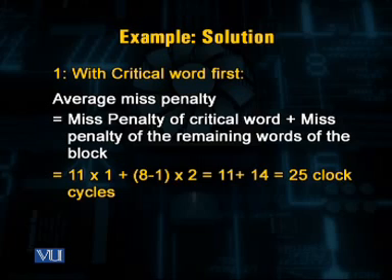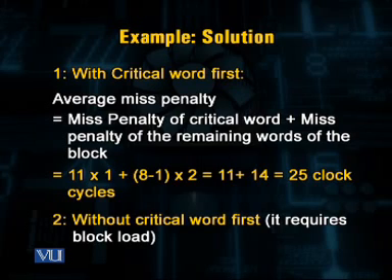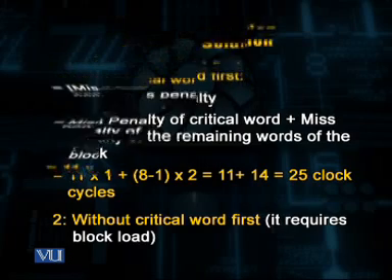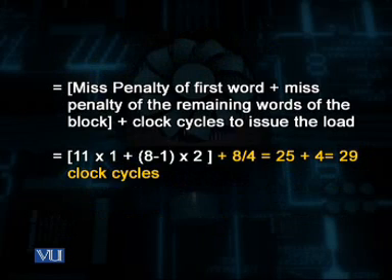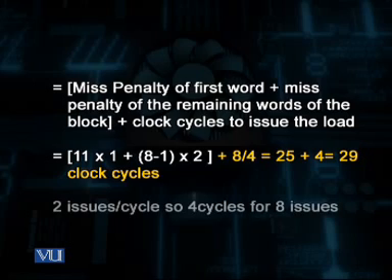Whereas the average miss penalty without critical word first, which also requires a block load, the total average miss penalty is equal to 25 plus 8 divided by 4, which corresponds to 2 issues per cycle.